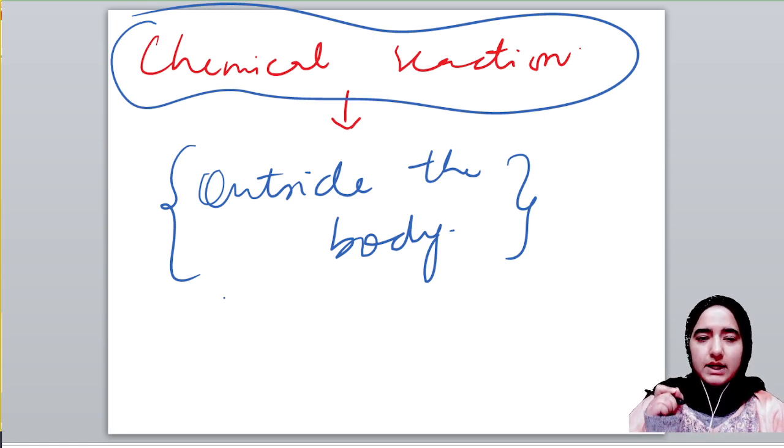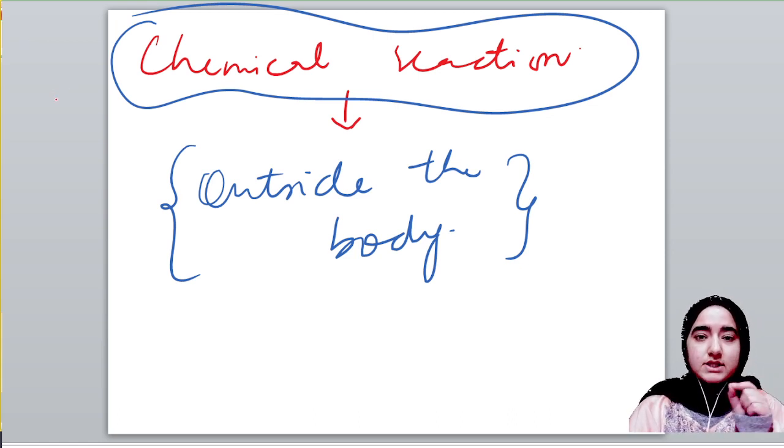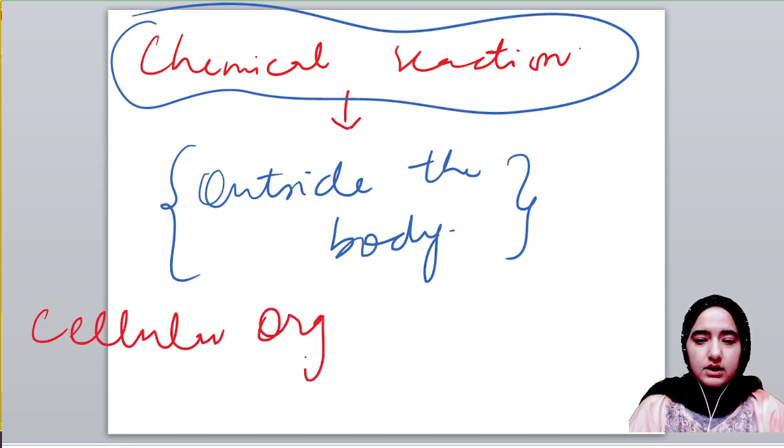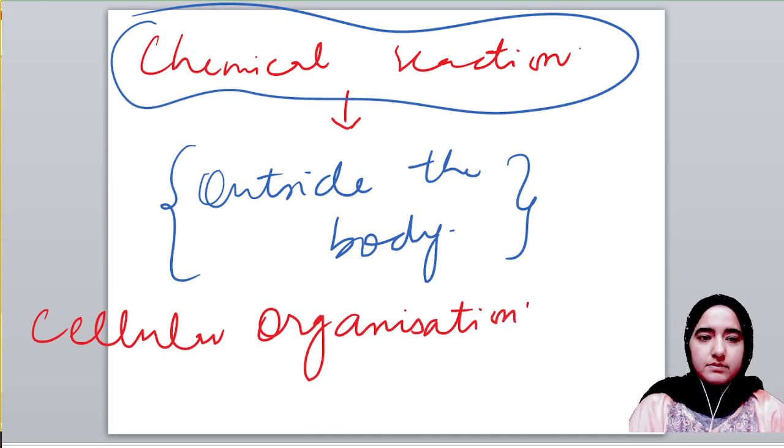We can say metabolism is occurring outside the body, so metabolism is not a defining feature. Metabolism again is a characteristic feature. What becomes the defining feature here? Here cellular organization becomes the defining feature.